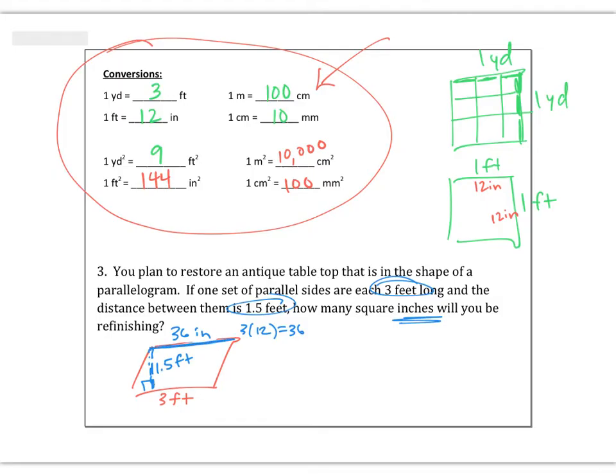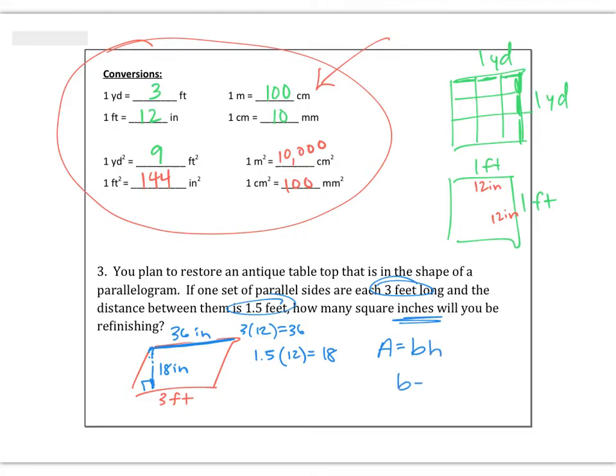And then the height, 1.5 feet, well, times 12 is 18. And so this height in here is actually 18 inches. So now we can find the area of that antique tabletop in square inches. Remember, if it's a parallelogram, we're going to do base times height.